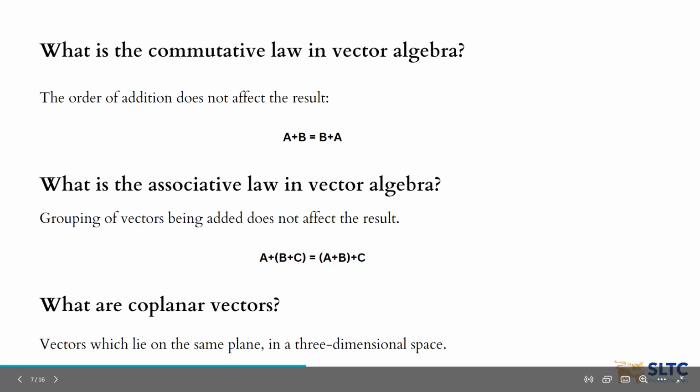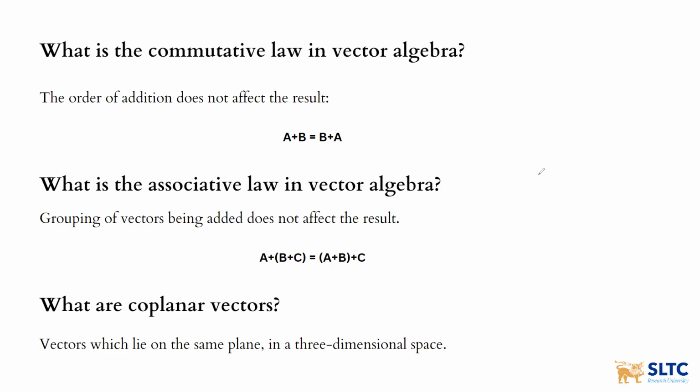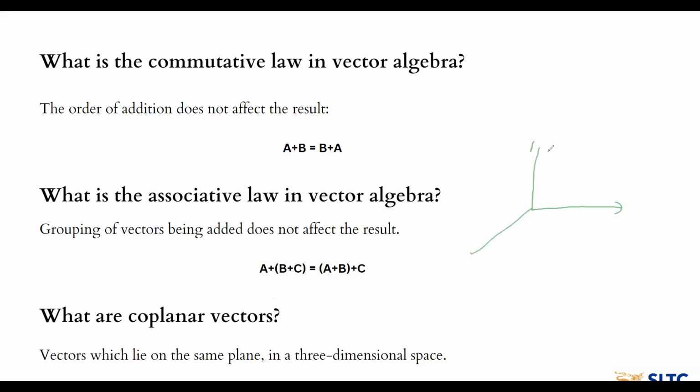Now the coplanar vectors. Coplanar vectors are vectors that lie on the same plane in a three-dimensional space. If we take an x, y, z coordinate system, this is a three-dimensional space.